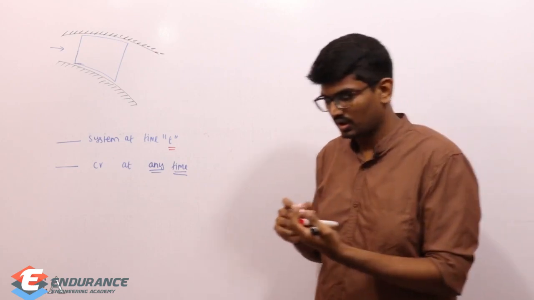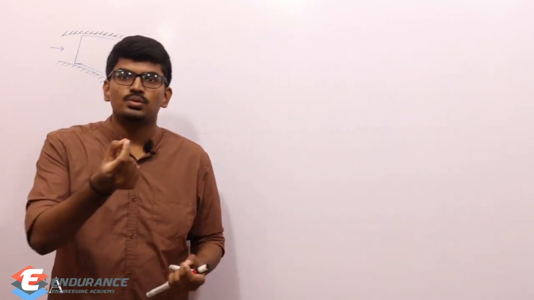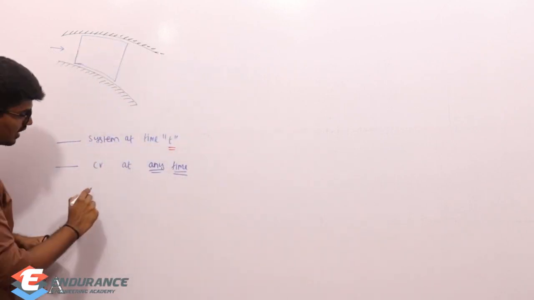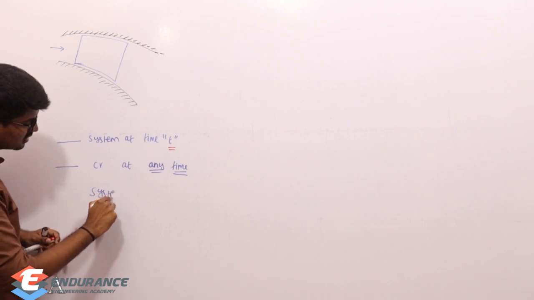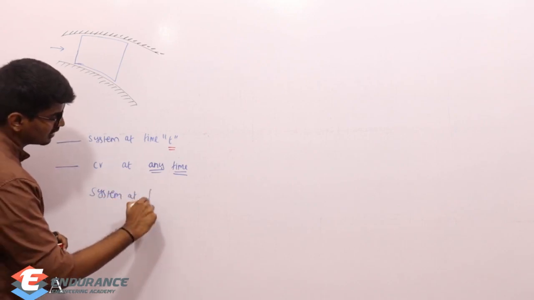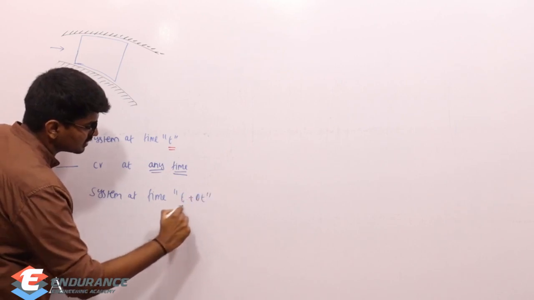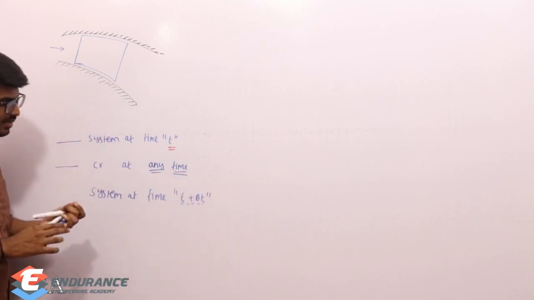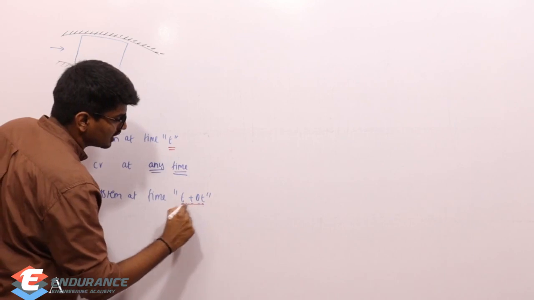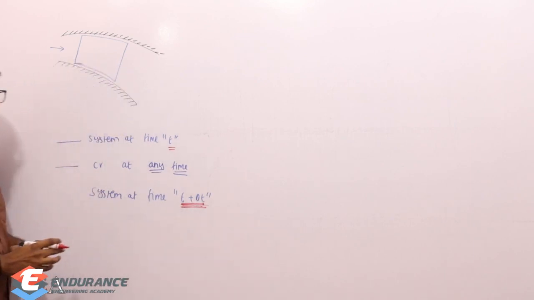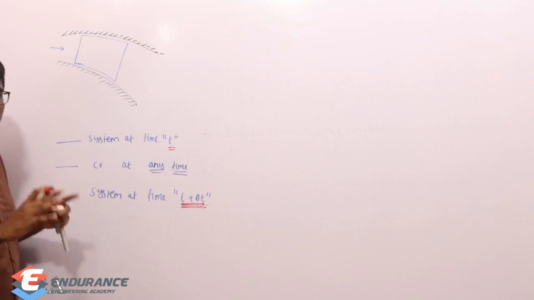Now let us consider there was a very small increase in time. So where will my system be at time t plus delta t? If time increases by a small value, how will my system look?